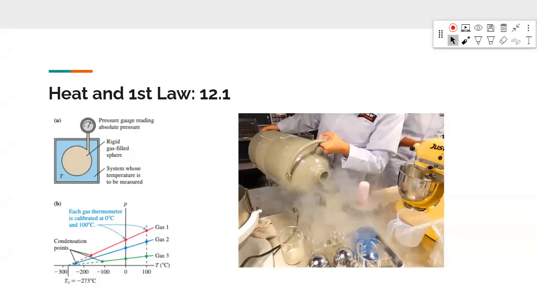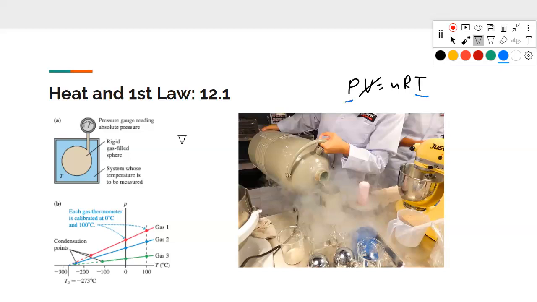So you can make a weird, impractical thermometer based on the pressure of a gas, because think about the ideal gas law, PV equals nRT. If we keep this volume fixed, then as we increase temperature, pressure has to increase as well.